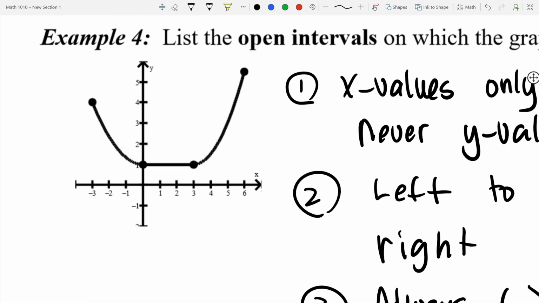Okay, everybody, look at your graph. I want you to think of it as a road map. You don't have to highlight, but you're driving down this road, and then you change to this road, and then you change to this road. Every time you change roads, I want you to put in that ordered pair.